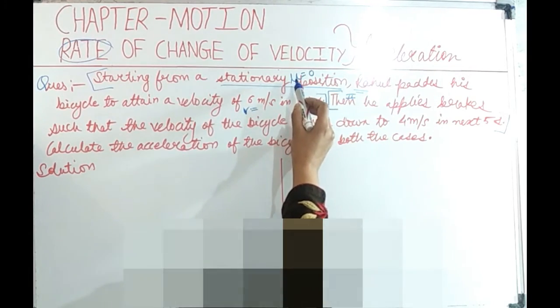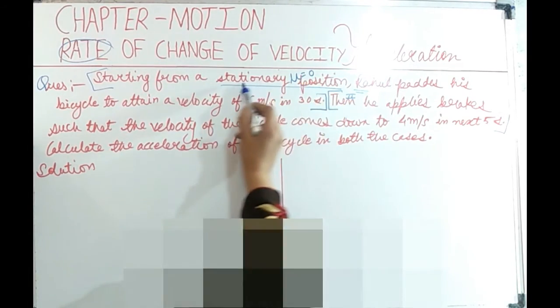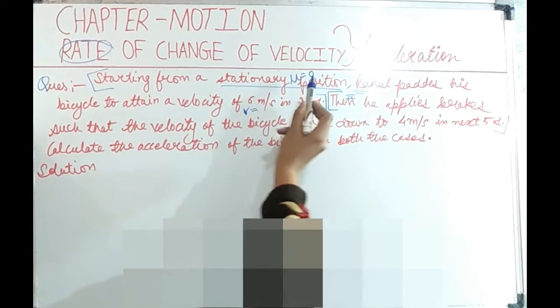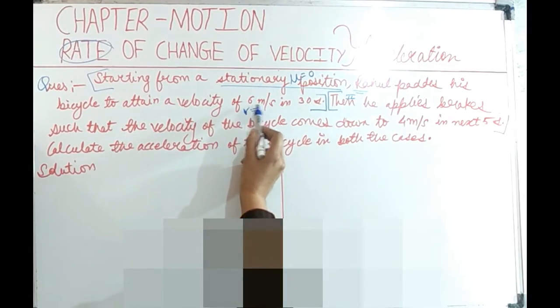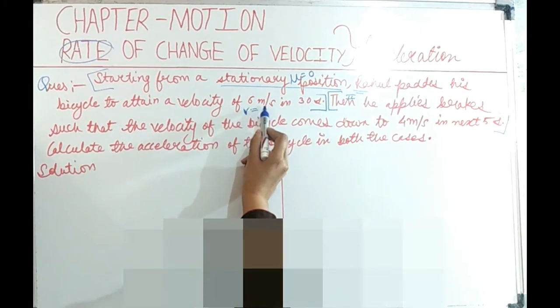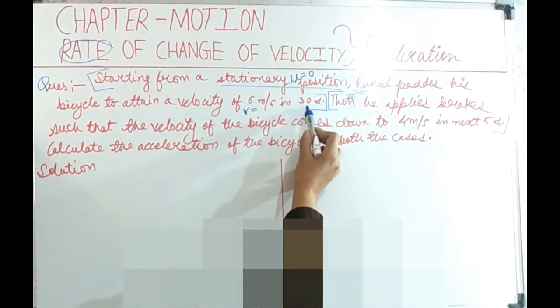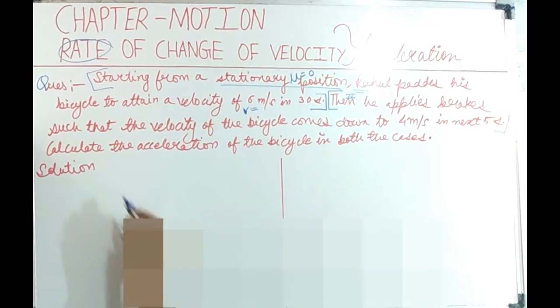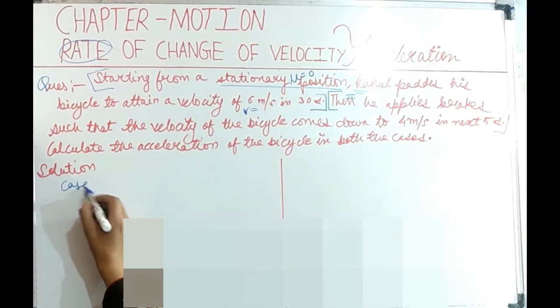In the first case, we have understood that u is 0 because stationary position is there, and then he has attained the velocity to 6 meter per second. The v, that is the final velocity, is 6 meter per second now, and time t is 30 seconds. Let's first write down the given values.